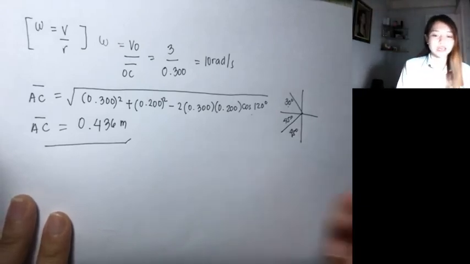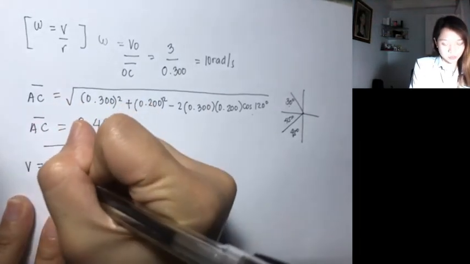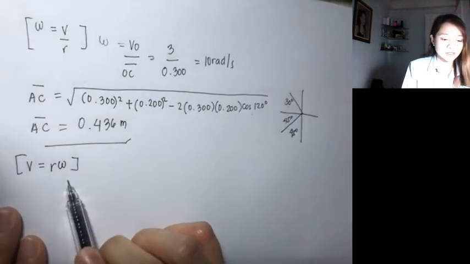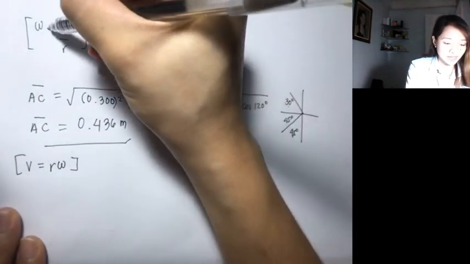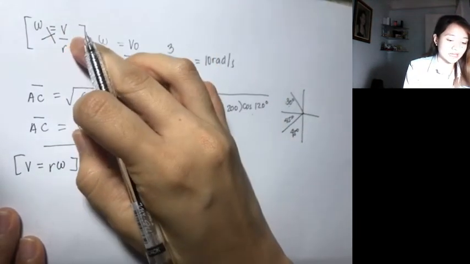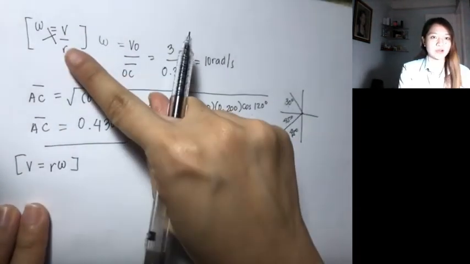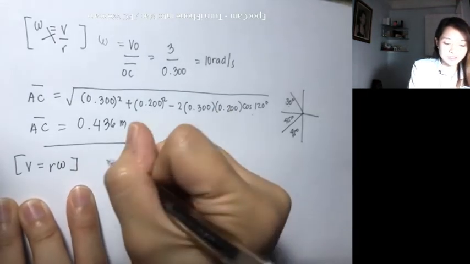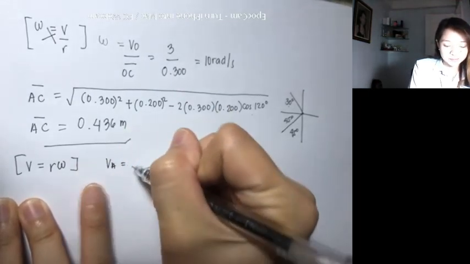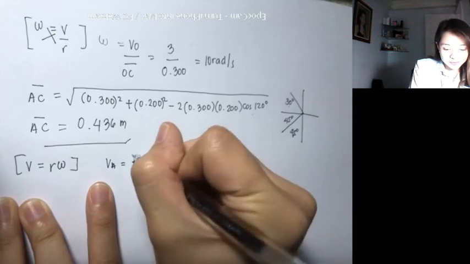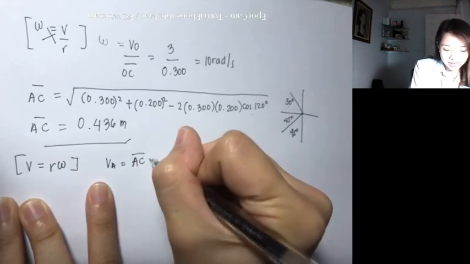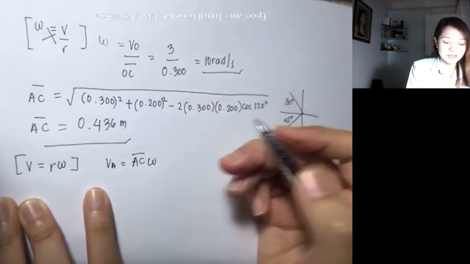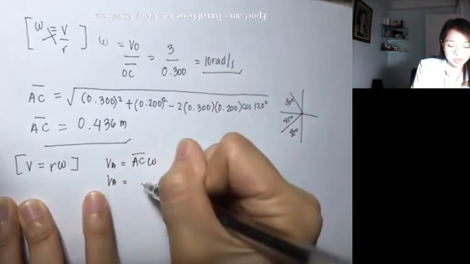So v is equal to r times omega. It is simply a multiplication of this formula. So the velocity of A is line AC multiplied by the angular velocity. This is the angular velocity value, and this is the line AC value, simply multiplying those.